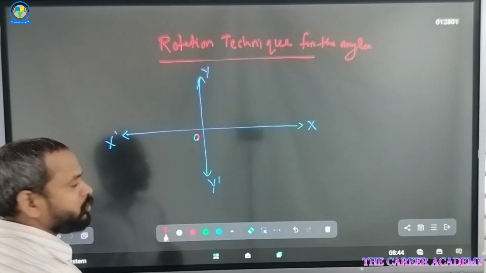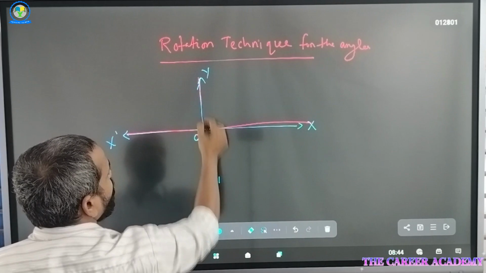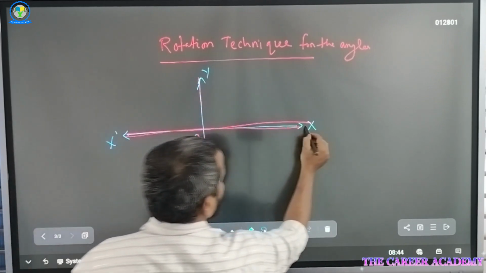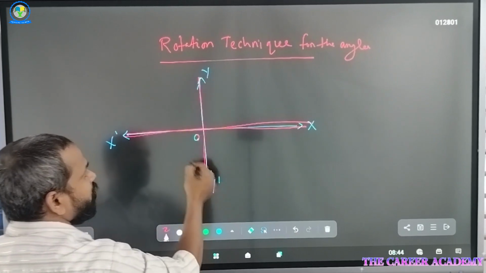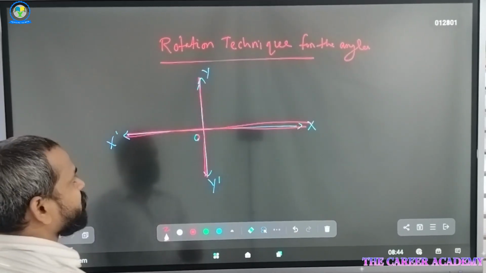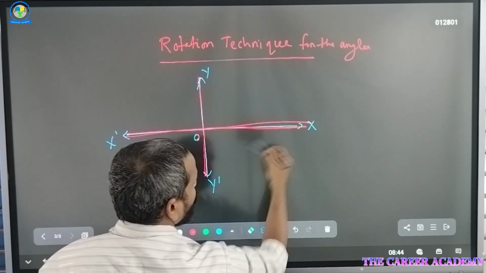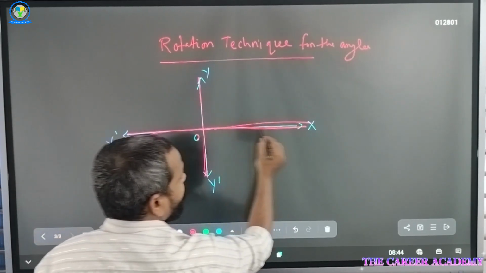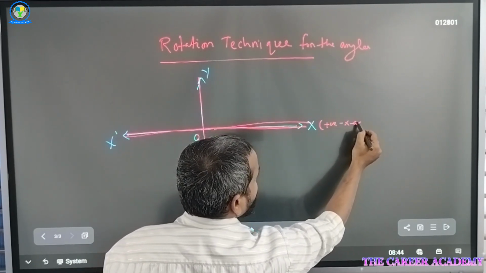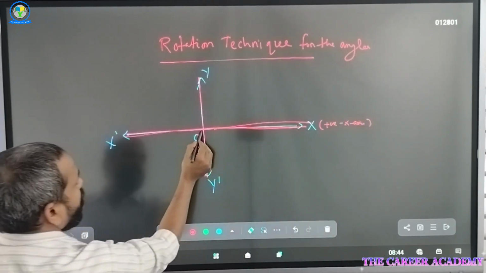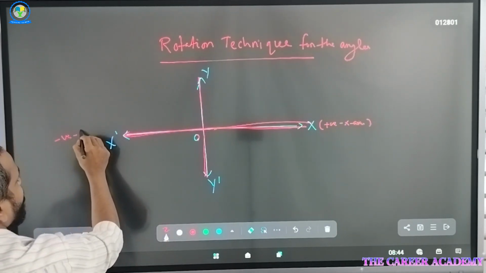Now what happens? You just learn. This is my horizontal axis. This is my vertical axis. This one is called the horizontal axis, and this one is called the vertical axis. See, from the origin to this side is the positive x axis, and from the origin to the left side is the negative x axis.